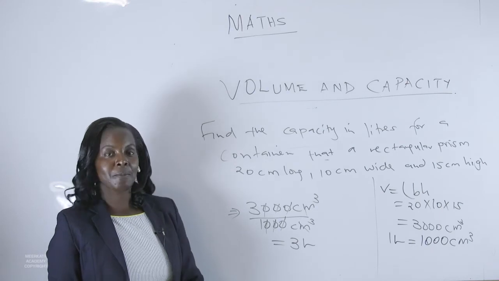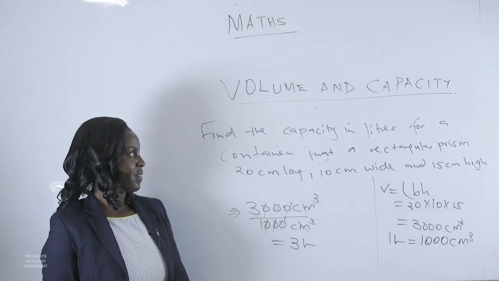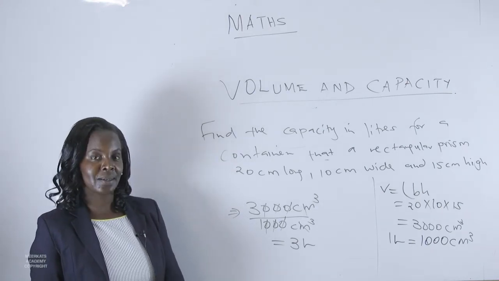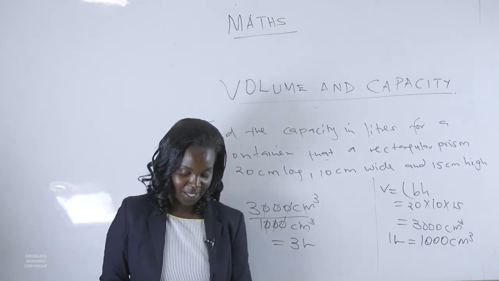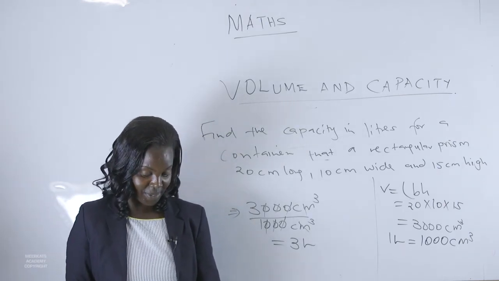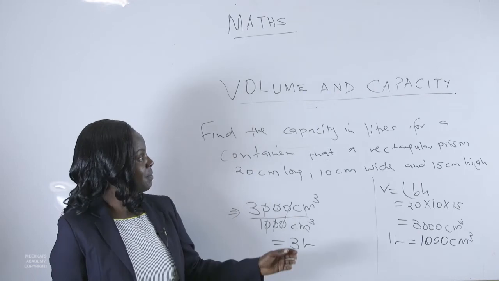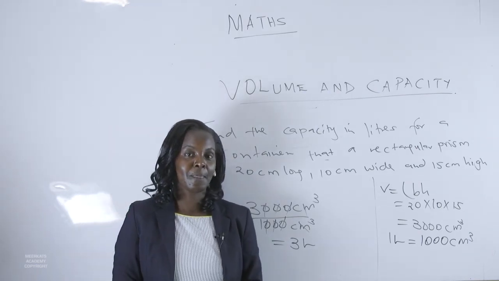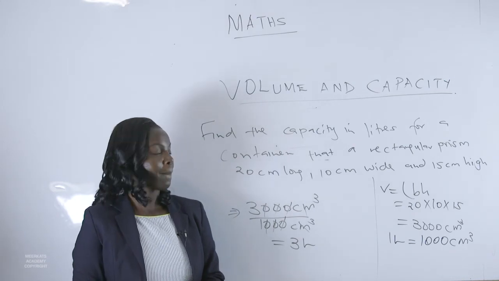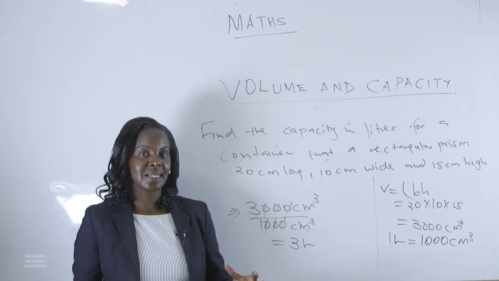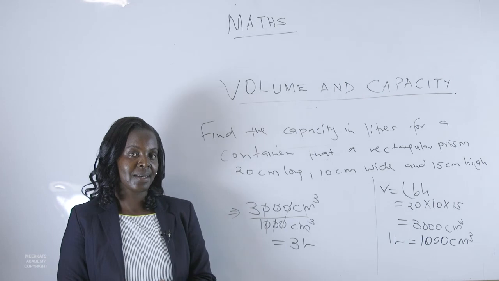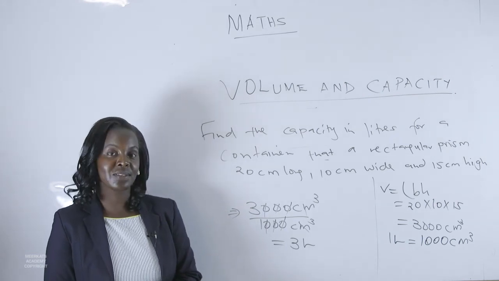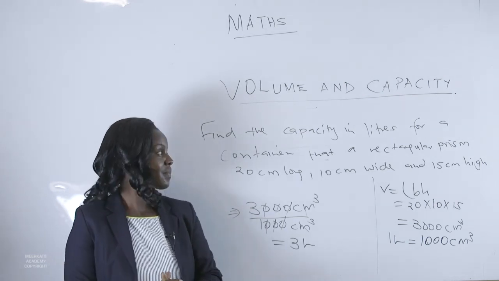So today we have learned how to calculate the surface area of a prism. We have looked at different ways of calculating it. We said that you can have a net, then calculate the areas of the different faces, then sum them together.